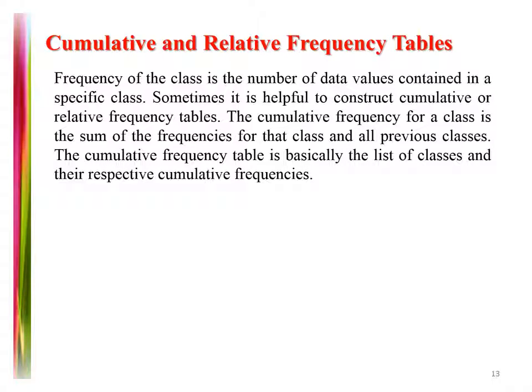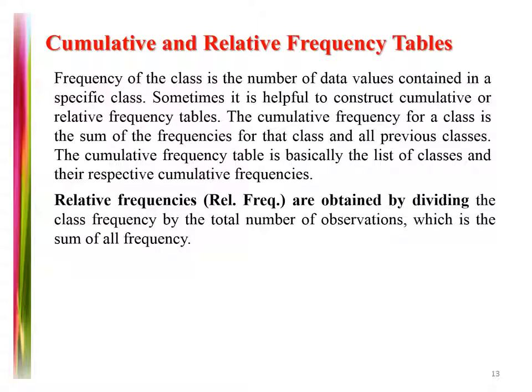The cumulative frequency table is basically the list of classes and their respective cumulative frequencies. Similarly, relative frequencies are obtained by dividing the class frequency by the total number of observations, which is the sum of all frequencies. So it should be equal to the total number of observations.